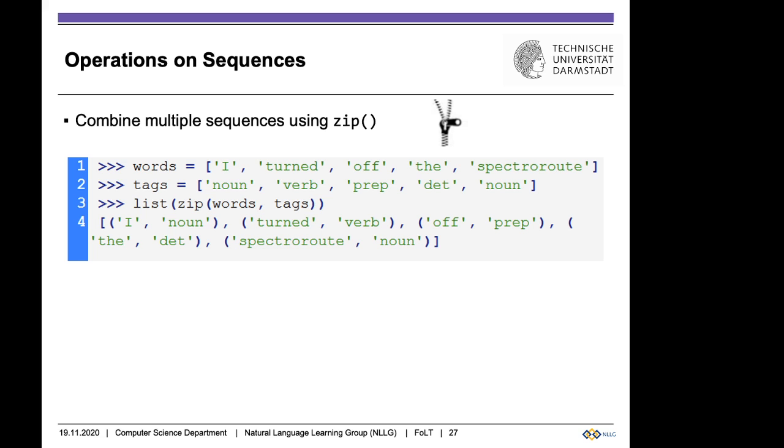In the results, we can get I and noun as the first elements, and the term and verb as the second elements in the list, and so on and so forth. Please notice that the zip function is valid only when the two lists have the same length.